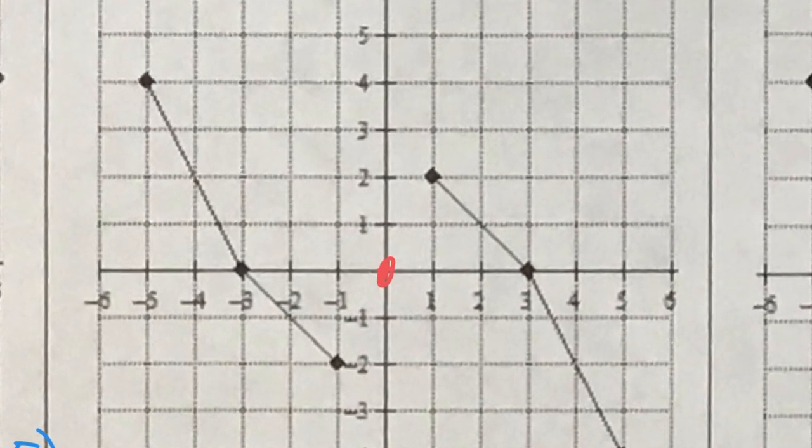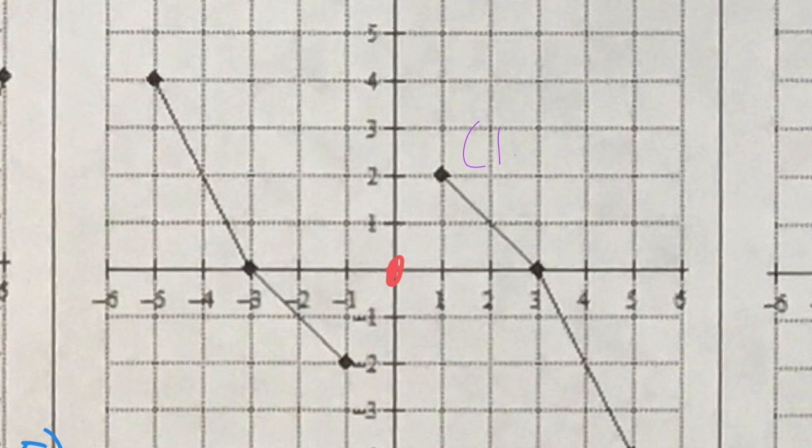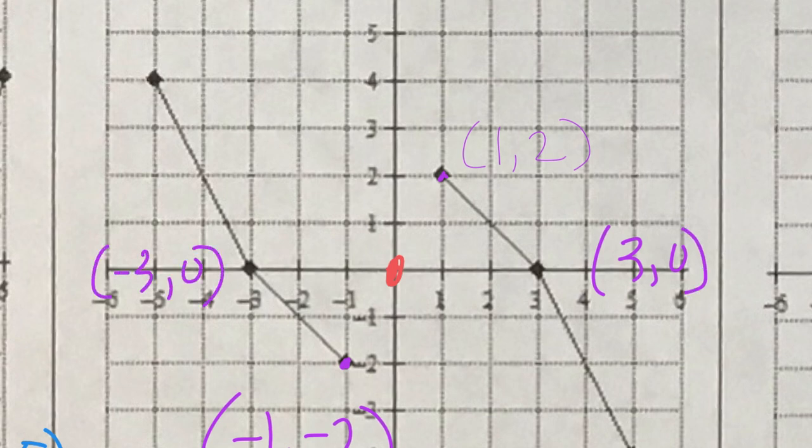So that's something about the numbers that's happening also. So look at your rotational. Here we have (1, 2) as this point's coordinate. And then down here, it's (-1, -2). This one is (3, 0). This one is (-3, 0). Then (5, -4) and (-5, 4).